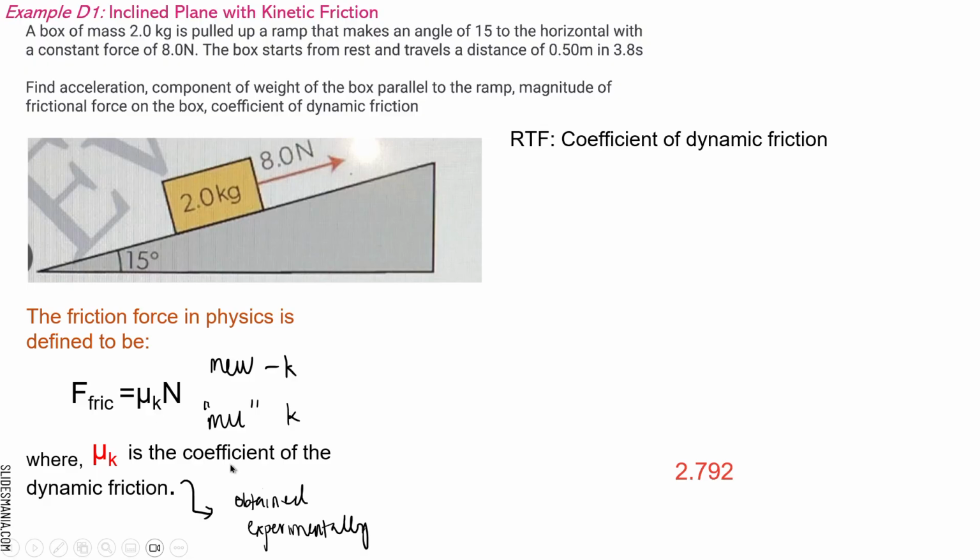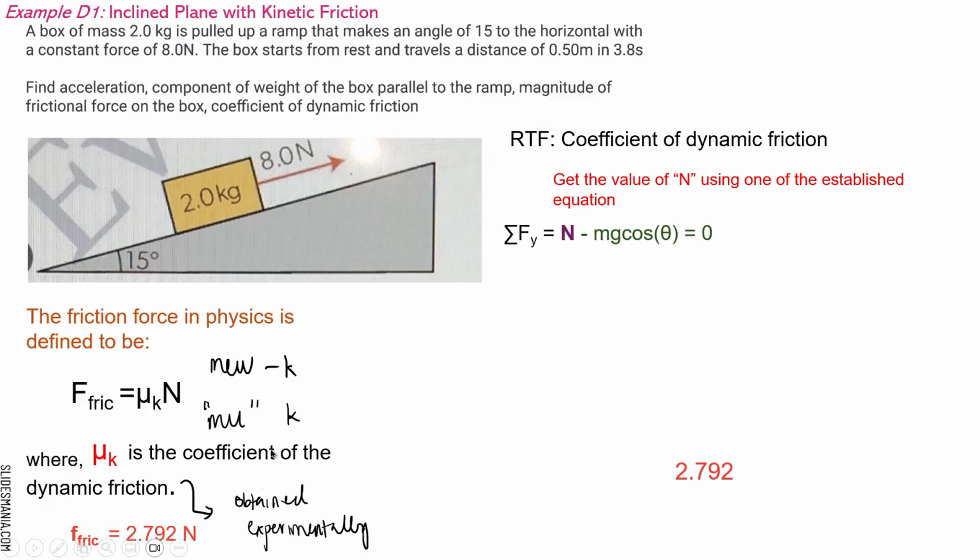Okay. So using this equation, knowing that the magnitude of the frictional force on the box is 2.792 newtons, in order to find the coefficient of dynamic friction, we get the value of N using one of the established equations.